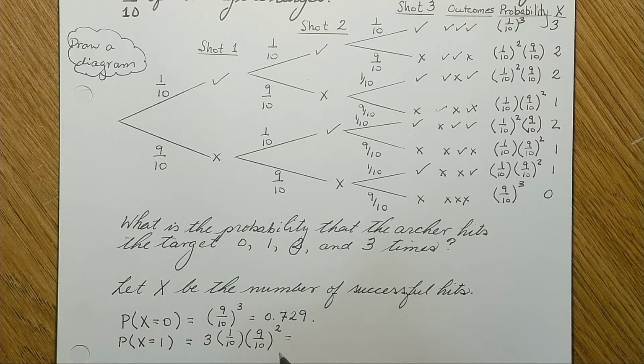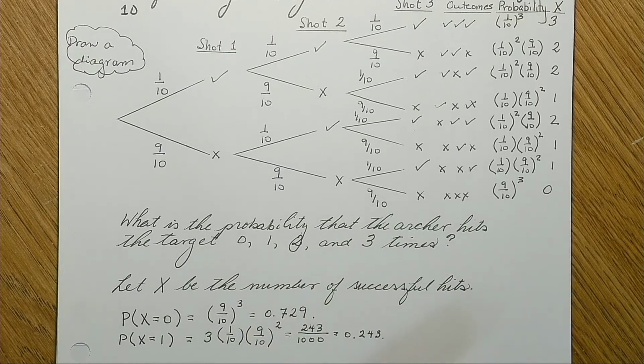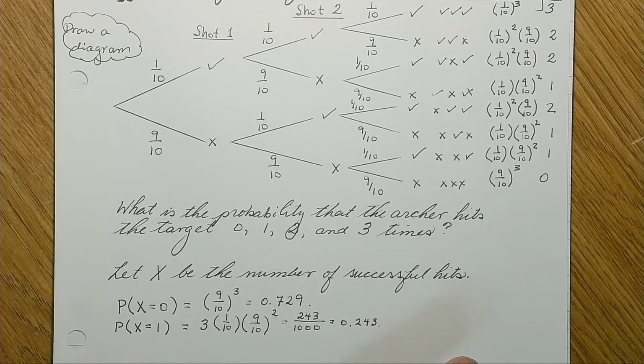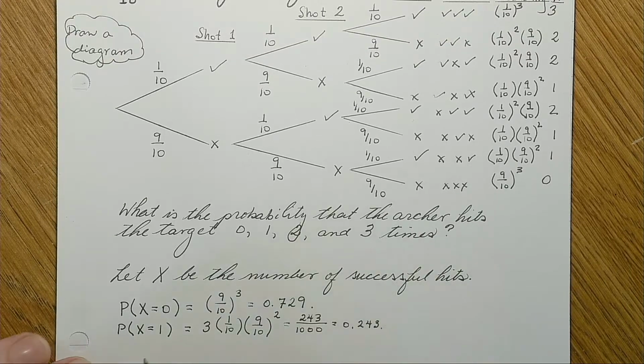Times 3 gives me the 243 over 1,000. Sorry, there's 1,000 right here, right? Trying to not cut off all the page, but there we go.